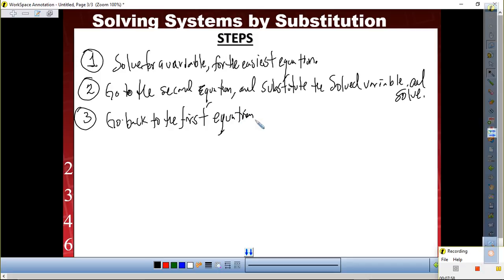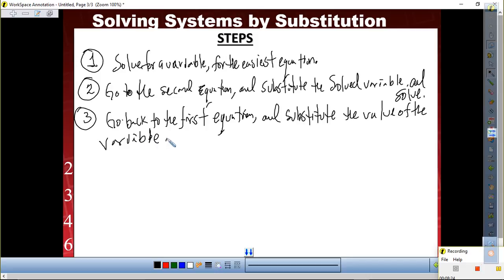And then you plug in the variable. You plug in the equation that you got from the second equation. And substitute the value of the variable into that equation.